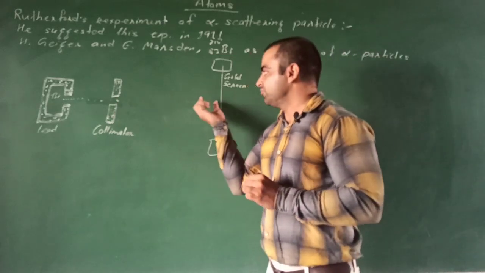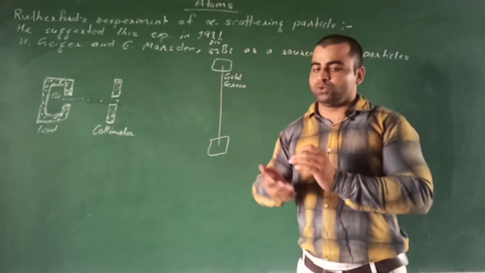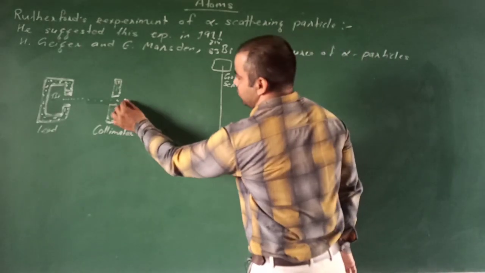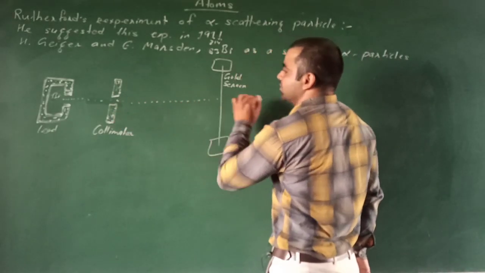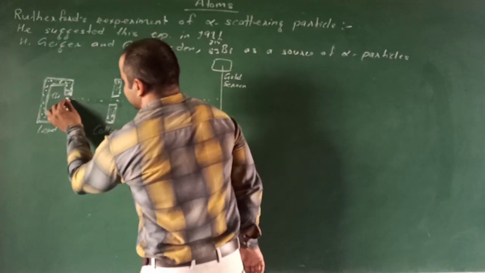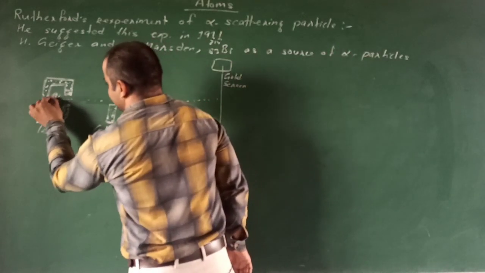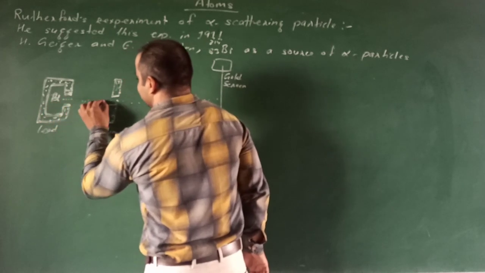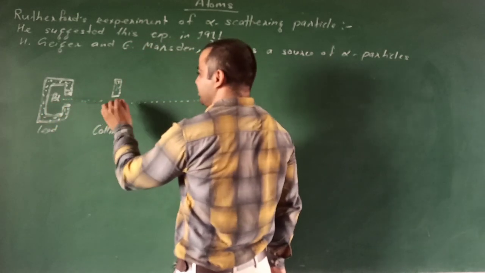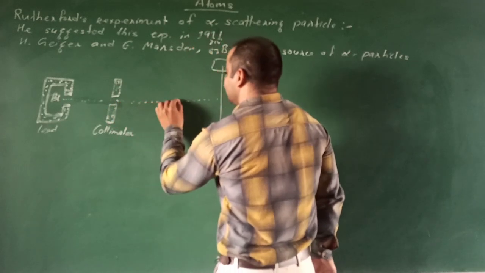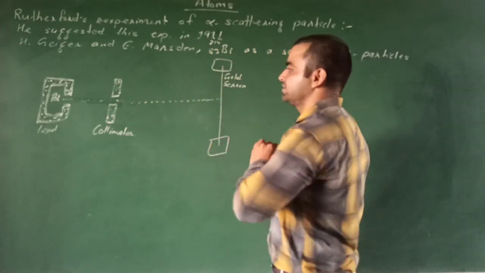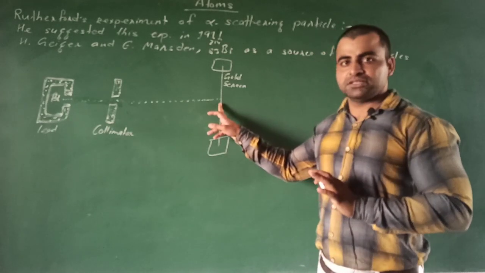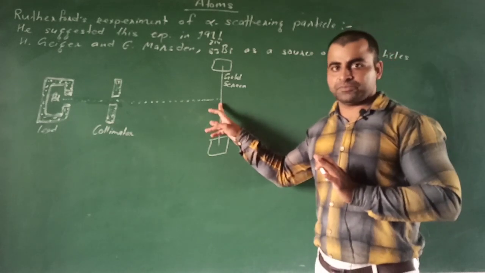Alpha particles will strike this gold film, or gold screen. The alpha particles come from the source, are collimated here, go in a straight line and strike the gold screen.